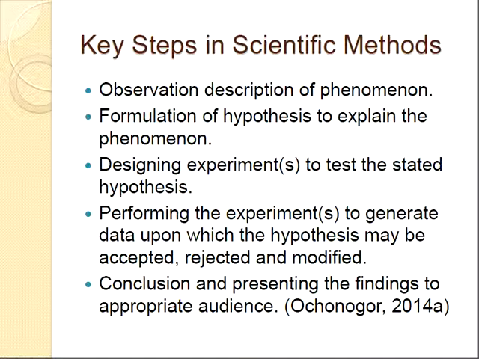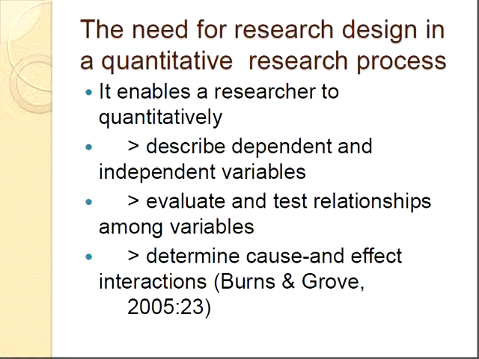So, if an hypothesis is not accepted, then you are better placed to say the hypothesis may not or could not be accepted, and then an alternative hypothesis thereby stated. And then you come up with conclusion, presenting the findings to the appropriate audience. By this, I mean publishing your findings in appropriate journal, and those who are expected to be in that field will have access to it. That is the appropriate audience.